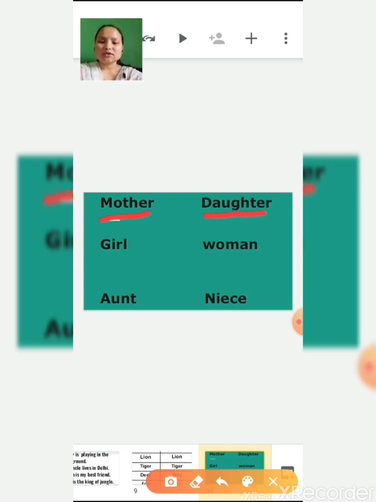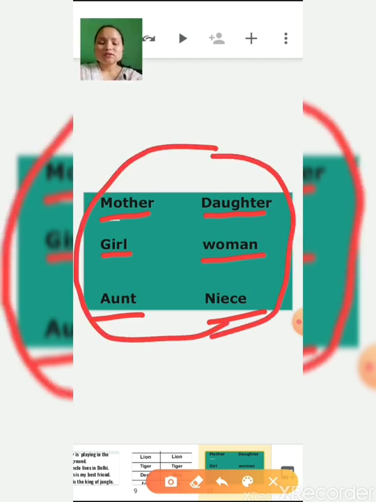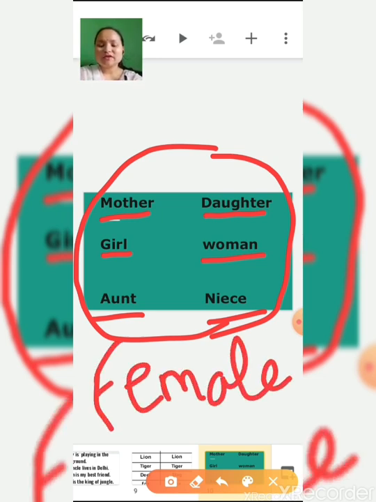Mother, daughter, girl, women, aunt, niece. In the same way as the previous slide, where you saw that the words had one thing in common, in all these words also one thing is common, right? And what is that? That all these words are denoting female.